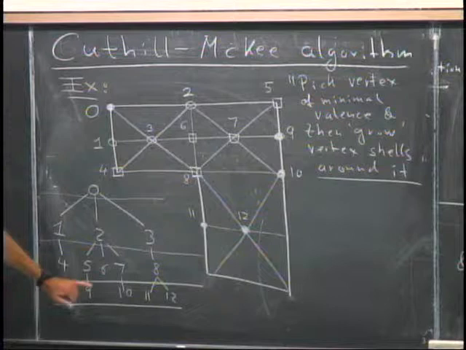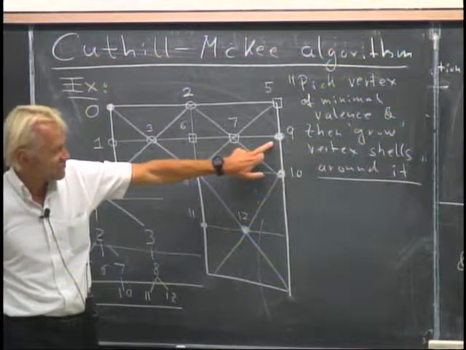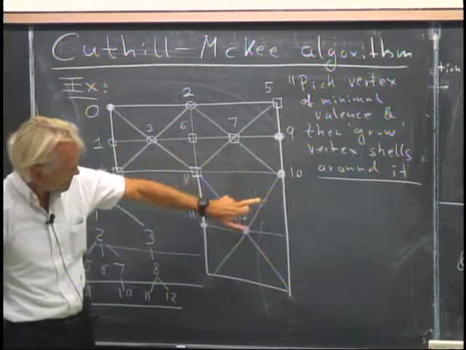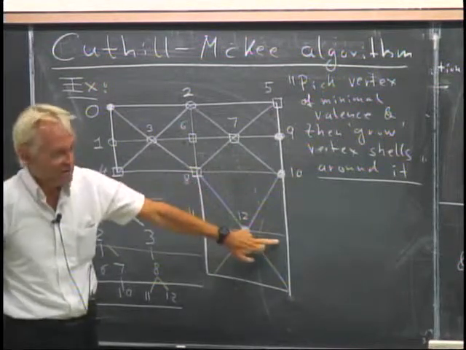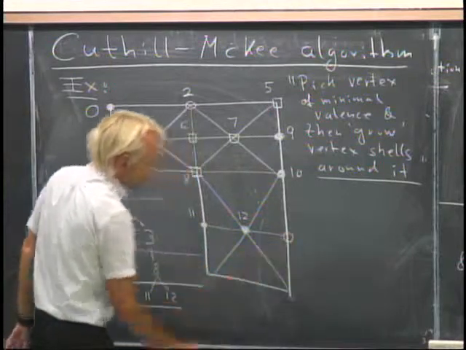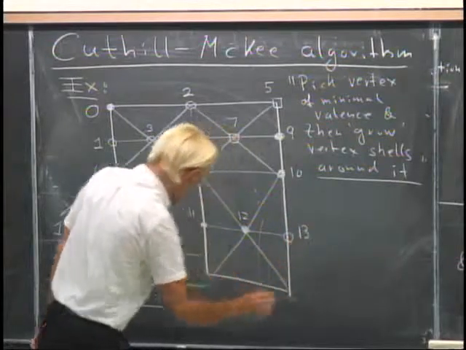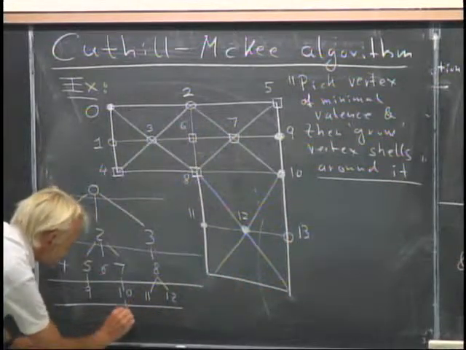Now we go from left to right again. Point 9 has no neighbor any longer that is not already named. Point 10 has one neighbor, not yet named, this guy. And now I use circles again. This is then 13. So 10 produces 13, and that's it.